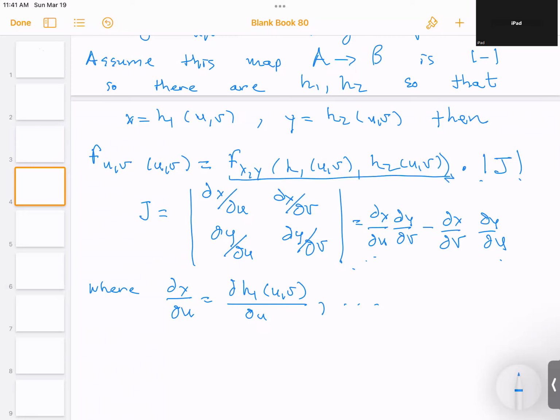Okay, so this is the formula. It's supposed to look like the one-dimensional case, and this is supposed to at least help you remember it. But if you want to understand this more, you should look at a good book on multivariable integration or vector calculus. I like the book by Marsden called Vector Calculus.